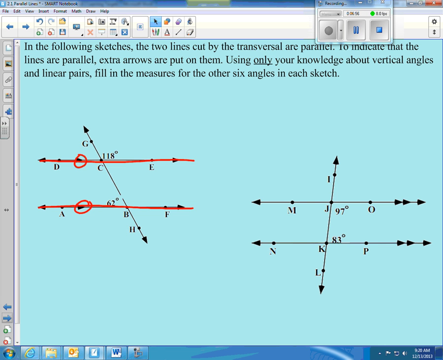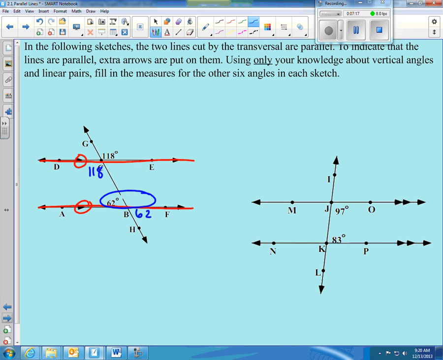So we know, looking back, vertical angles are congruent. So I can say that this angle here is 118 degrees because it's congruent, and this angle is 62 degrees because it's congruent.